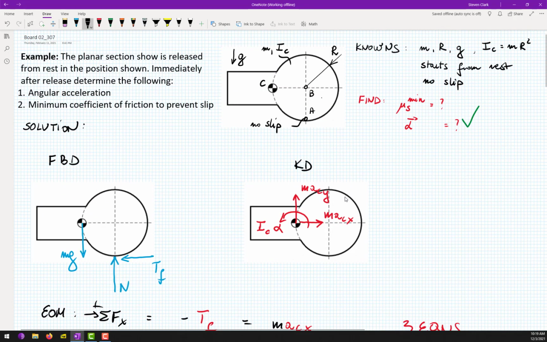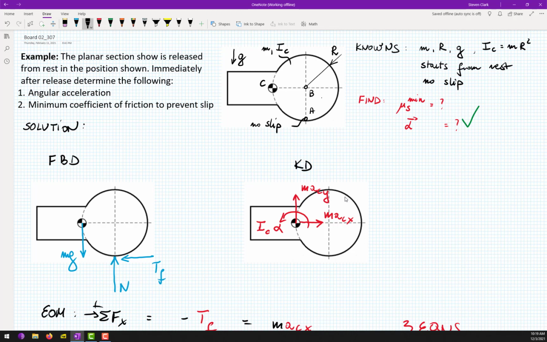Can you detect the instantaneous center of rotation on that picture? This is a question. Anybody want to collaborate today? You don't want to? Yeah, go for it.